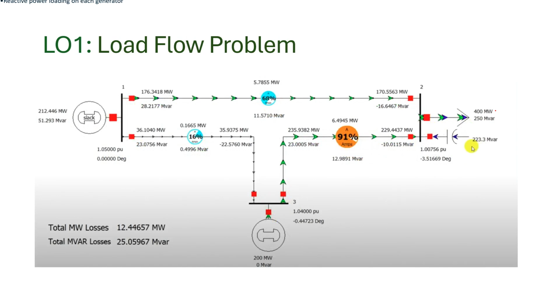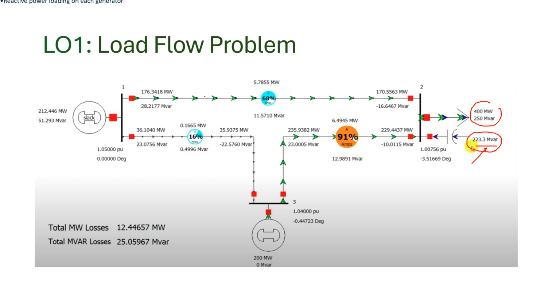Now here we can see that with the present load condition, we are giving some compensation of 223 MVAR. This is from some FACTS device, and you can take it from your static var compensator or something like that.